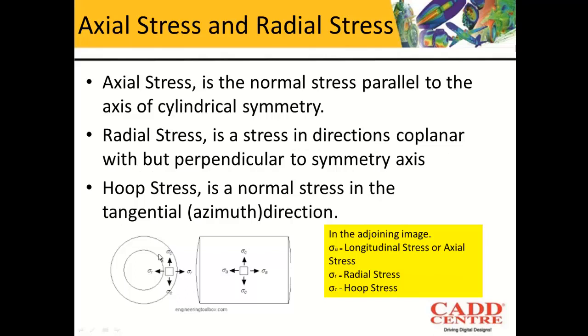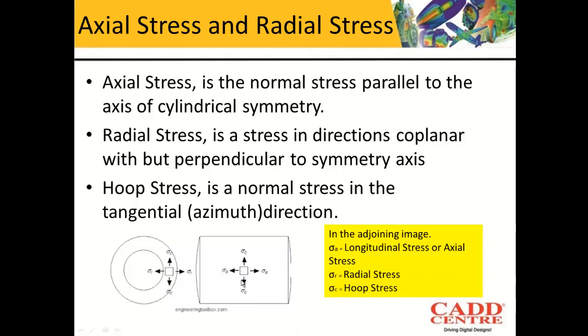If you consider this point, the stress acting in the radial direction will be the radial stress, and this stress which is acting in the tangential direction, also called the azimuth direction, will be the hoop stress.